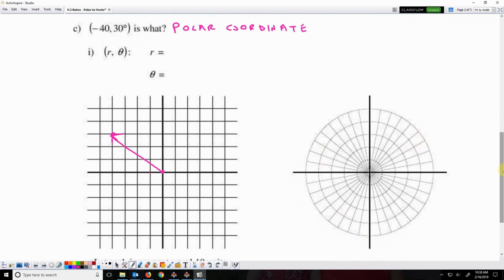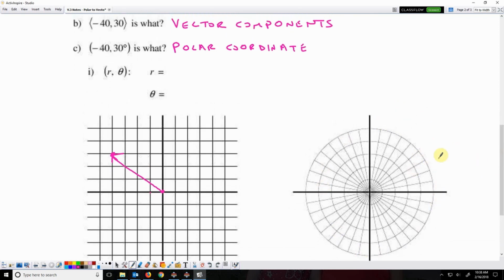It's circular, so that negative 40 would be the length, or radius, of one of these circles, and it represents for the vector the magnitude. So we're in the form r theta, where r is the magnitude and theta, the number of degrees, is the direction.